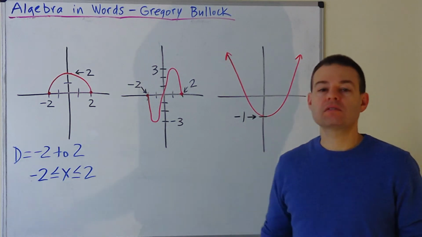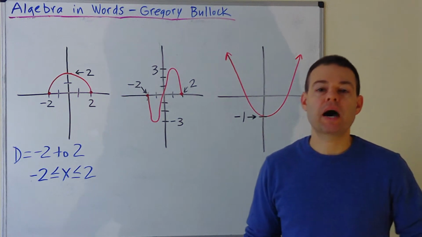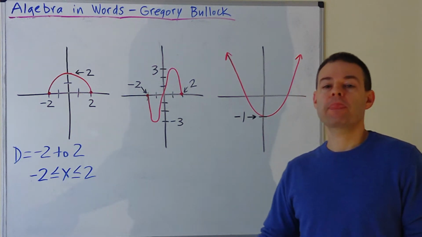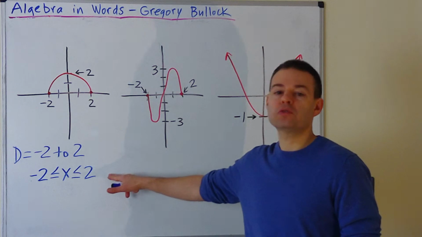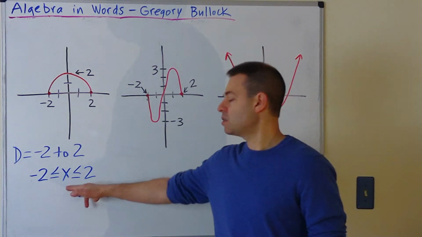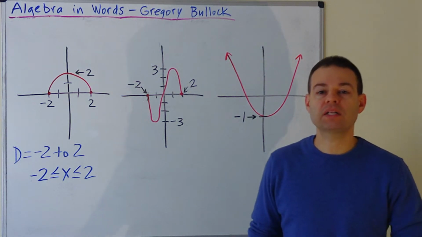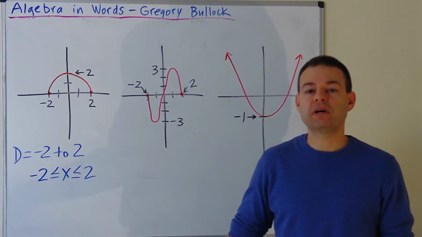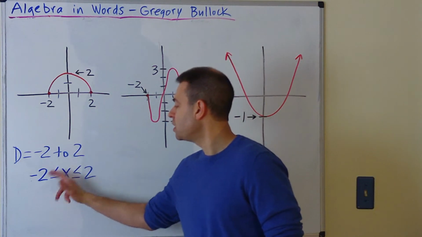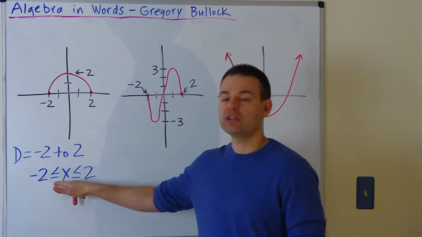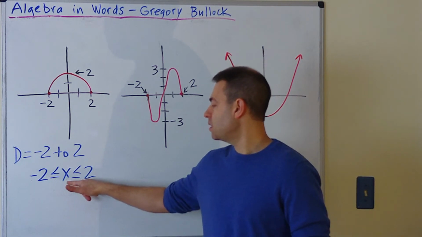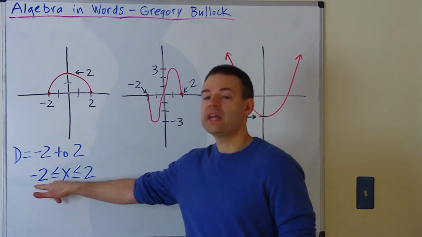The form that this is written is known as a compound inequality. We'll get to that in another episode. But basically, this is how you should be writing the domain and the range for now. Basically, the x is in the middle, and a compound inequality is made up of two smaller inequalities. So, for example, if you look just at this portion, -2 is less than or equal to x. If you flipped it, you could read it as x is greater than or equal to -2.